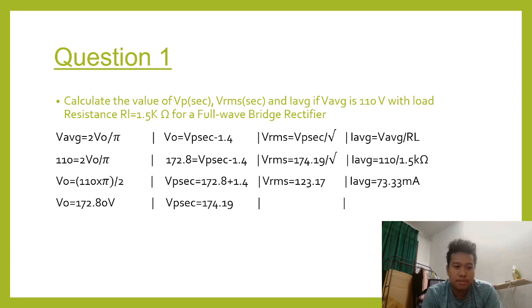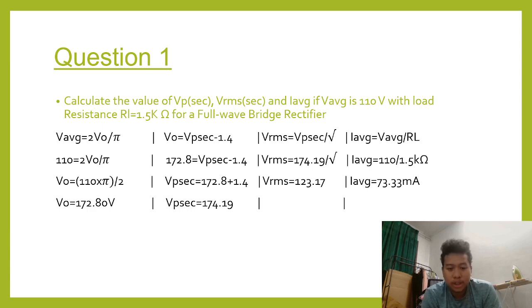In this slide, you can see V average is equal to V out divided by pi. V average is already given in this question, so 110 is equal to V out divided by pi. Turning the equation upside down, we put V out on the left side. So 110 times pi divided by 2. So V out is equal to 172.80.